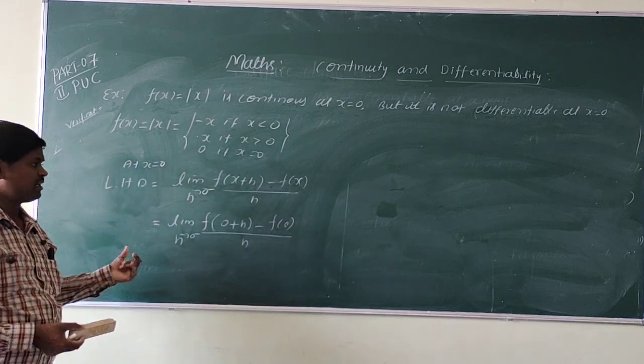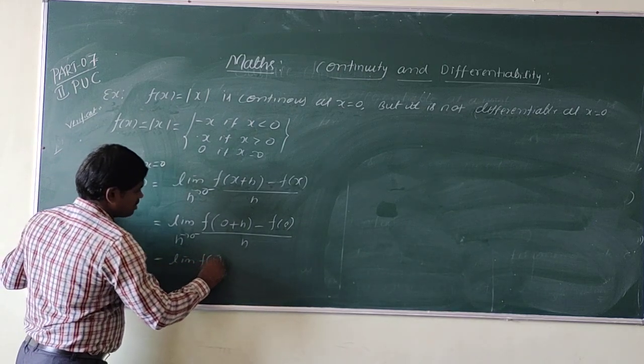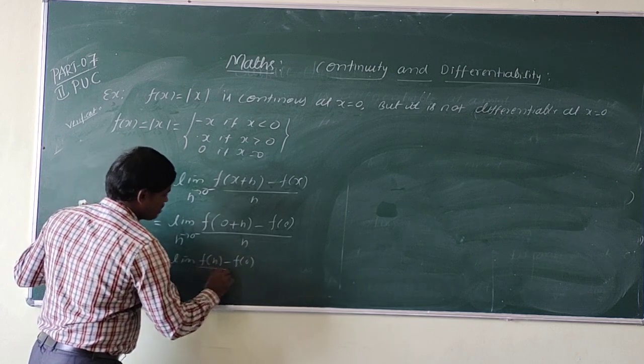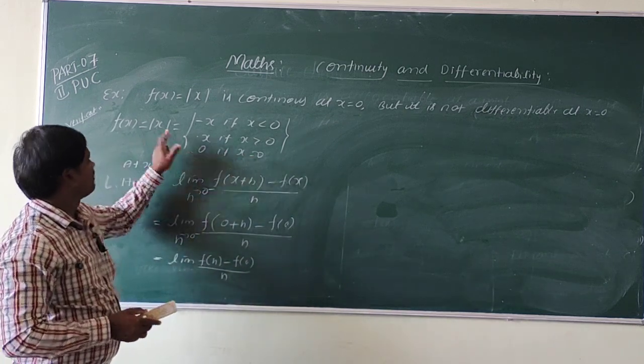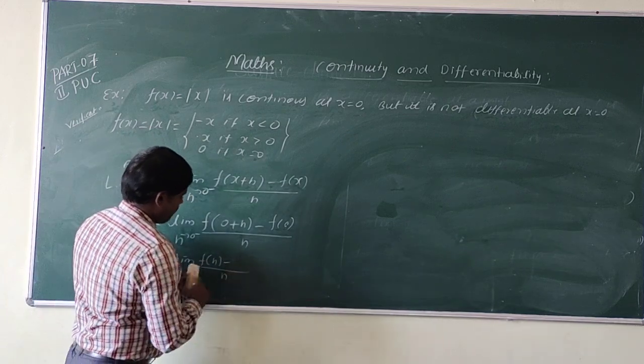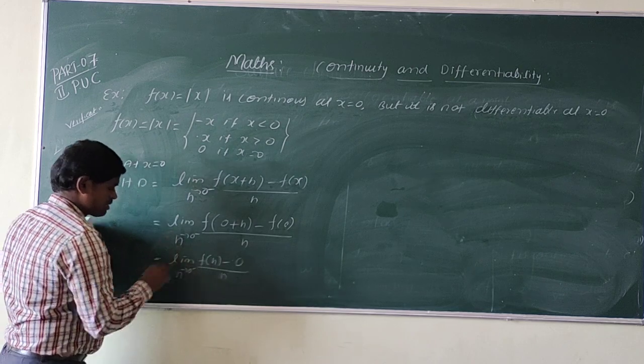For the left hand derivative I am taking h tends to 0 minus. So this is the limit of f of h minus f of 0 divided by h, and f of 0 is equal to 0 at x is equal to 0.